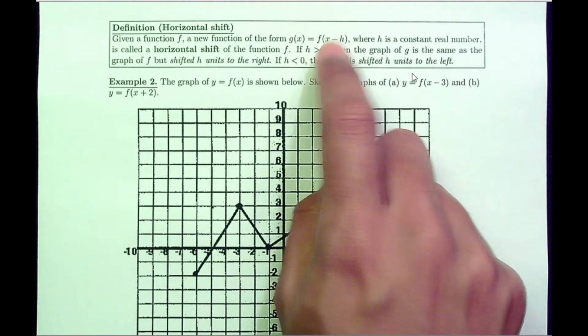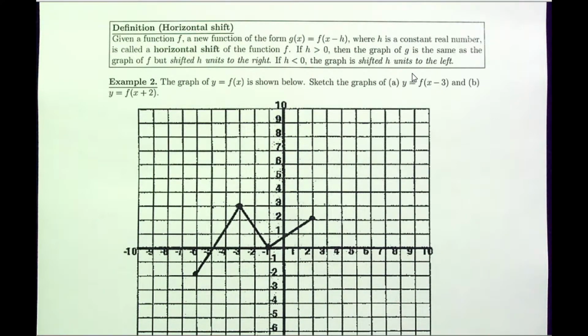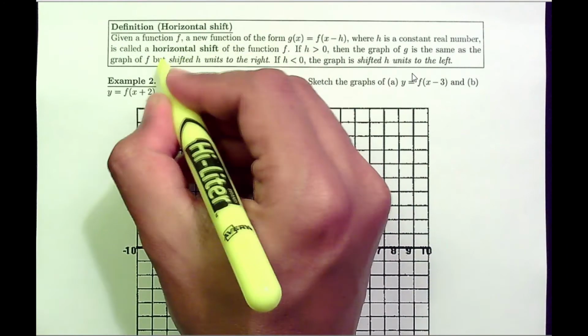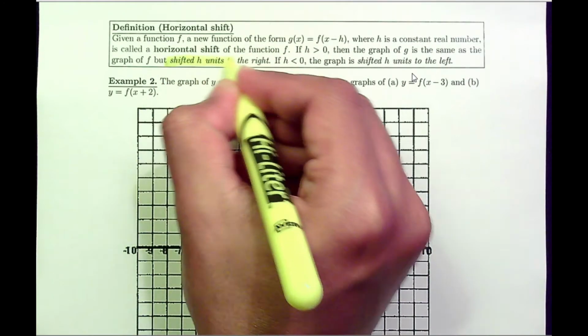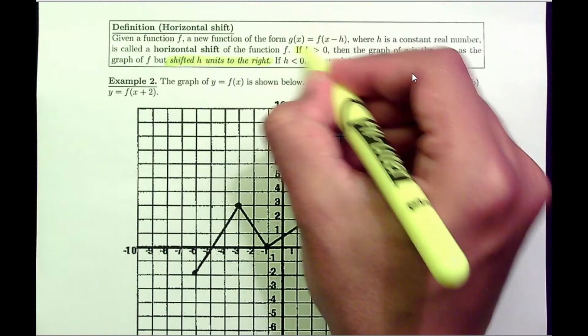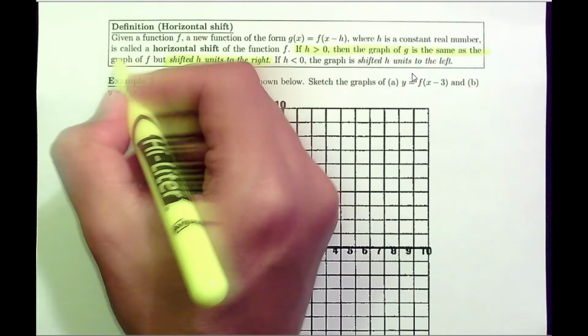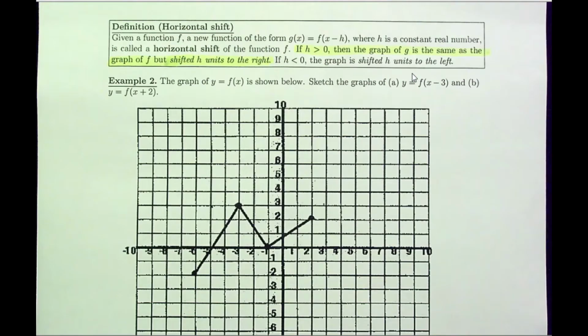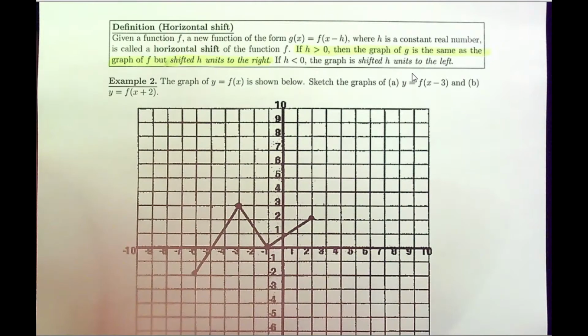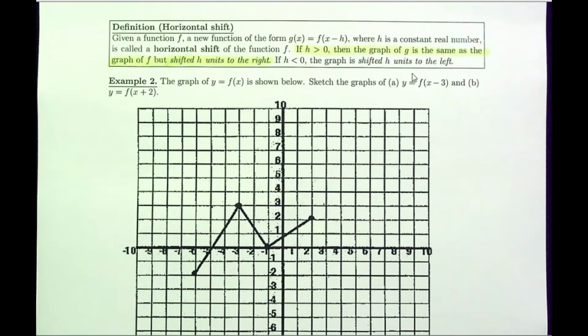You would think that having a negative means you move left, but no, it actually moves to the right. So that is an important difference between modifications that happen horizontally and modifications that happen vertically.